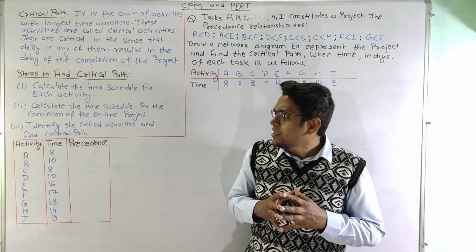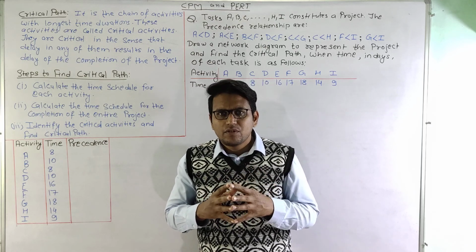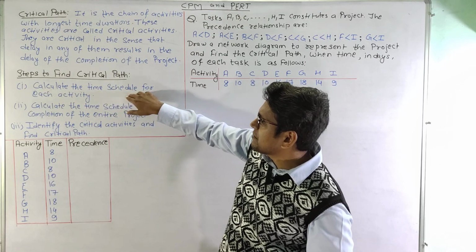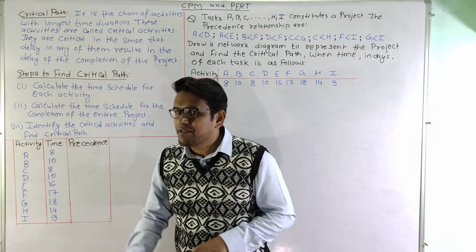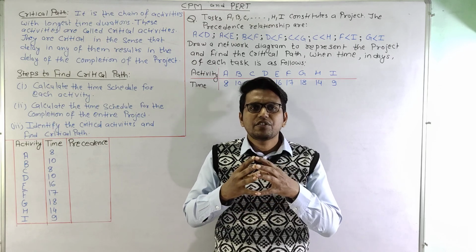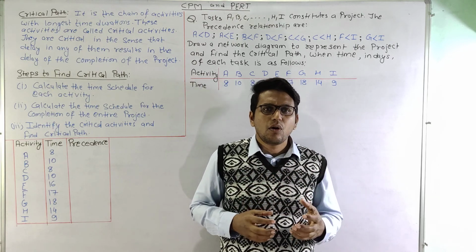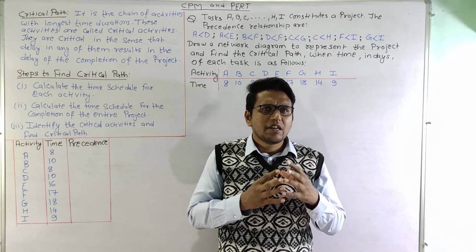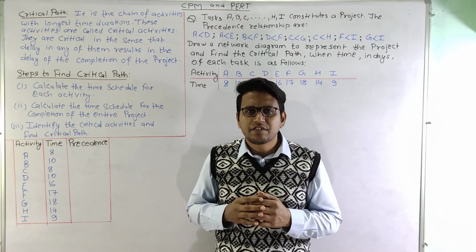And now let us see what are the steps we need to follow to find out the critical path. So first is to calculate the time schedule for each activity. Now it involves the determination of time by which an activity must begin or be completed. That is, we need to determine the earliest and the latest times.